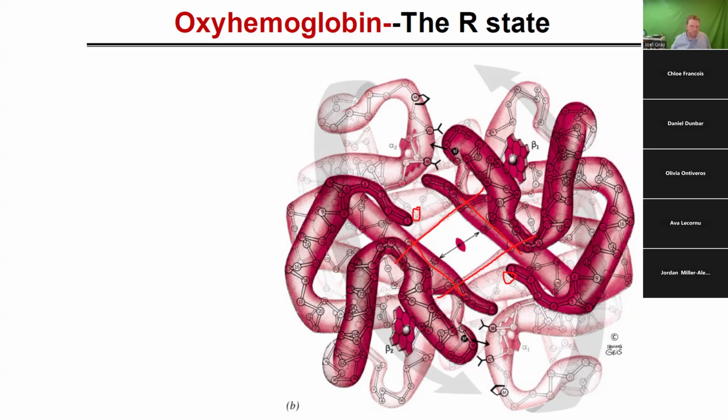So what I want you to take away from this, and this is going to be the end of new material, or the material that's going to be tested on this first exam, is the fact that we have a protein that will bind oxygen in four different locations.